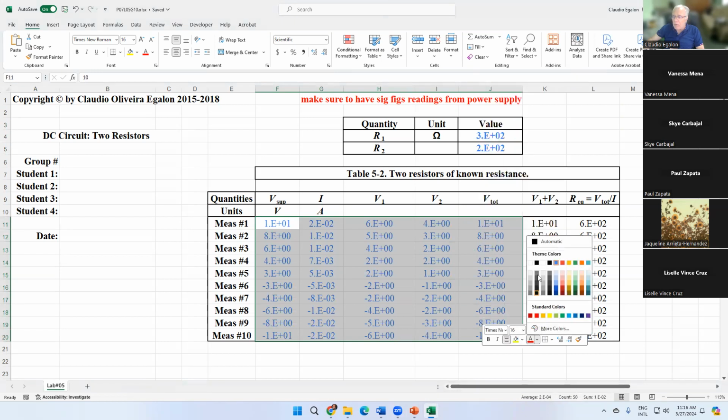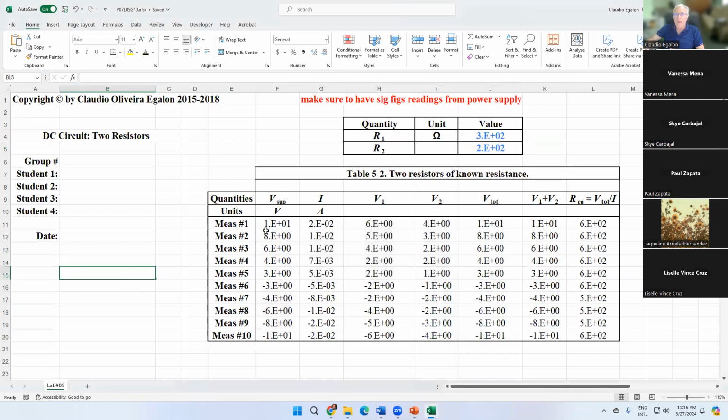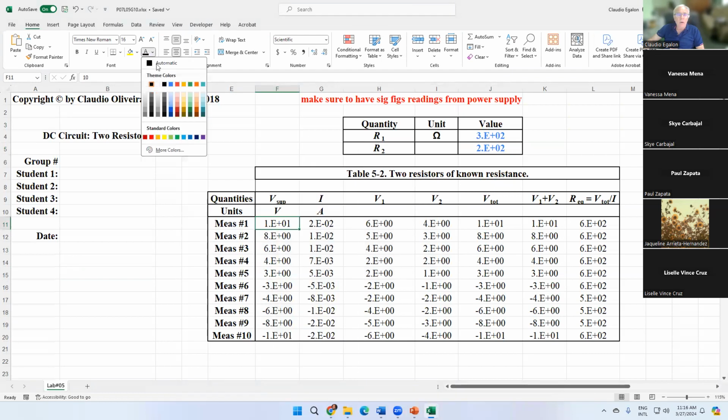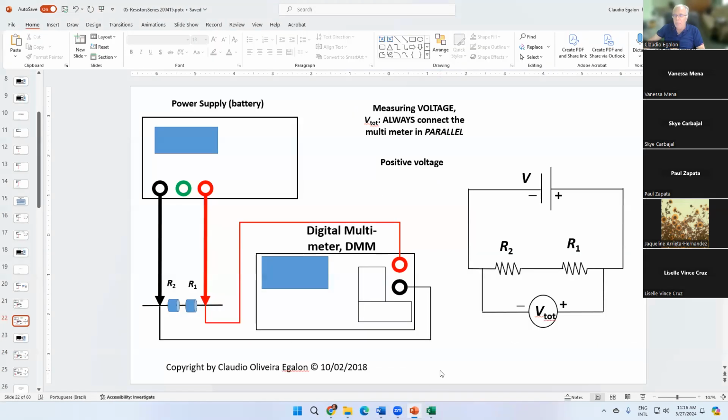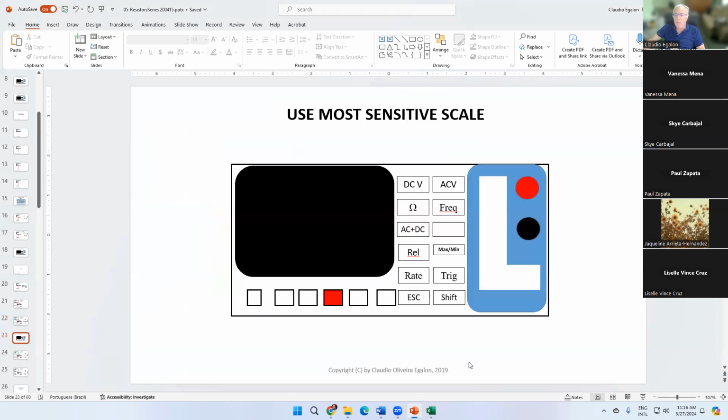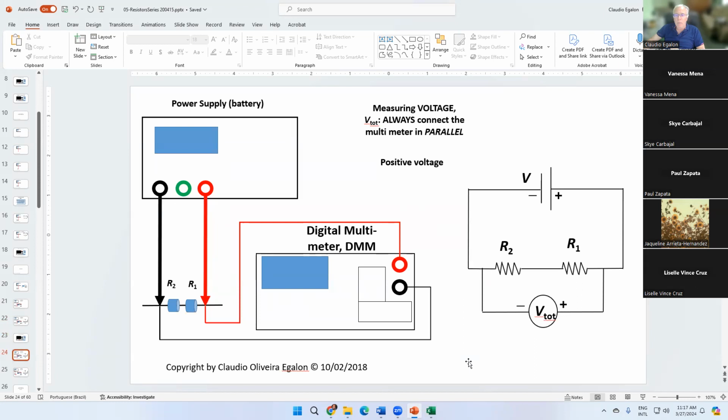We set it to 10 volts right here, and we measure the total voltage as well at 10 volts. That's how the procedure goes. Vary it from 10 volts to 2 point whatever.